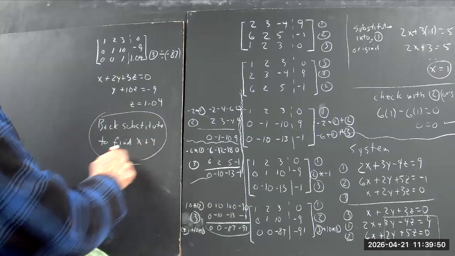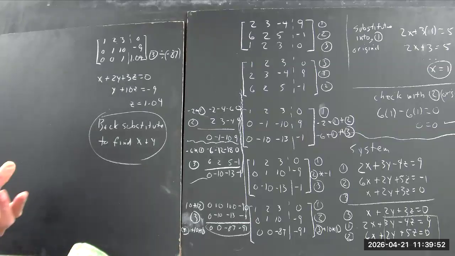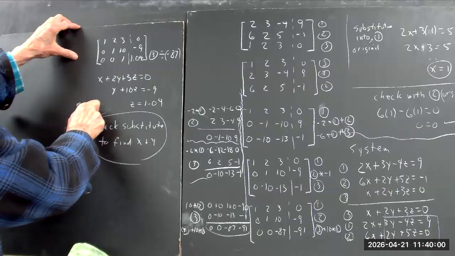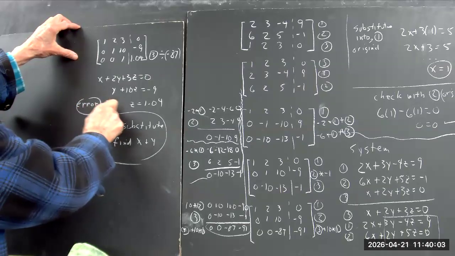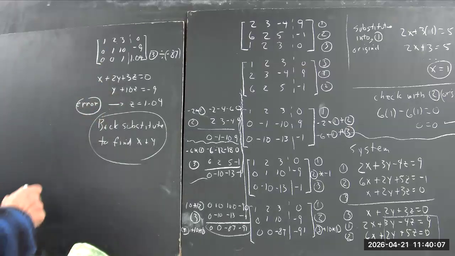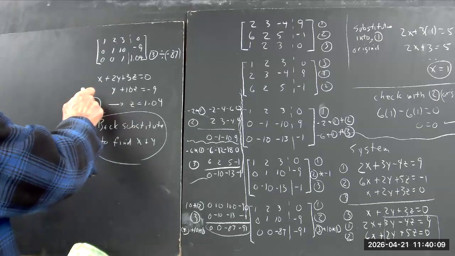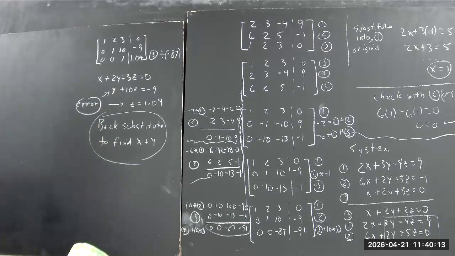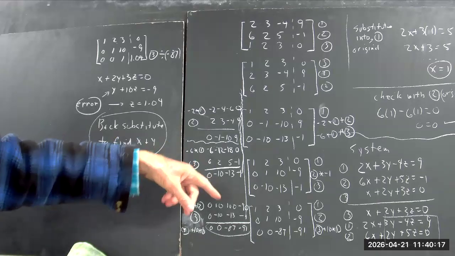Then we back substitute to find x and y. Now this is an error. And maybe in second equation, probably as well. And I can't trace down the error. I can't find it. So I did something wrong.